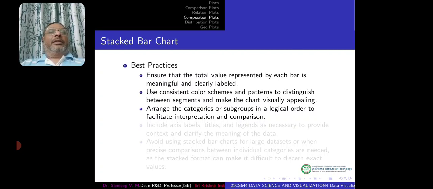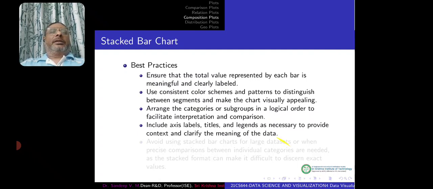That way, if we have some logical order and consistent positions of the categories, then it becomes easier to interpret and compare the data. We must, of course, include the axis labels, titles, and legends, because they provide context and give a clear, full meaning to the data.